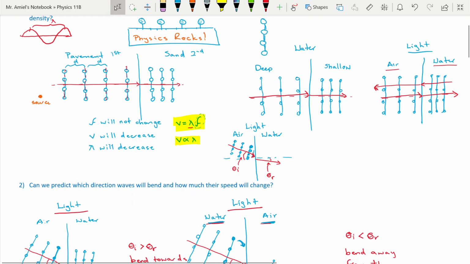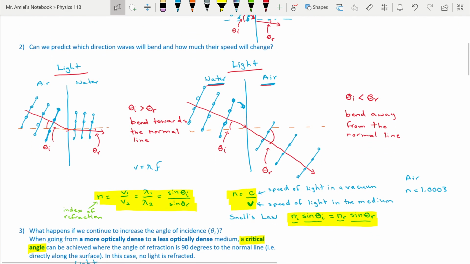When they go from a more dense medium to a less dense medium, that means they're going to speed up, and their wavelength is going to increase. We also said that if they approach at an angle, we can predict how they're going to move. They're either going to bend towards the normal line, and that's going to be in the case when we're going from the less dense to the more dense medium. We're going to bend towards the normal line, and our angle of incidence is going to be greater than our angle of refraction.